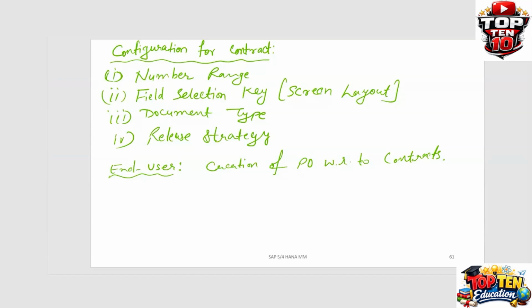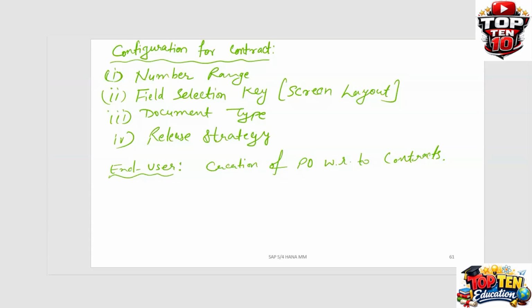Again, go back to here. Again, try to save. Messages will be there. You know what message? Material 900503 not included in source list. Okay, do one thing.